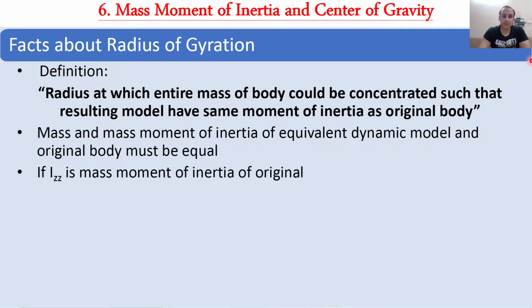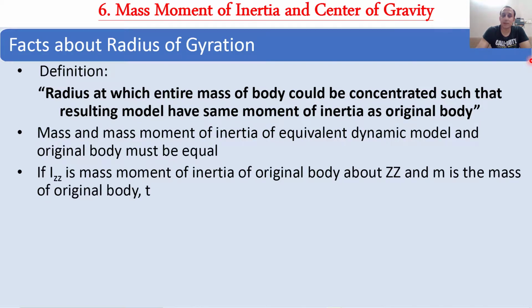If Izz is the mass moment of inertia of the original body about ZZ, and M is the mass of the original body, then Izz is equal to what? M k squared. What is M k squared? It is the mass moment of inertia of the equivalent dynamic model.